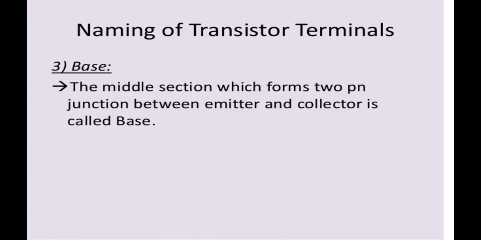Two P type materials are combined, and in the middle one is the N type. Then it's called a PNP transistor. Another one is NPN, means two N type materials and one P type material. There are two types of transistor, PNP and NPN.